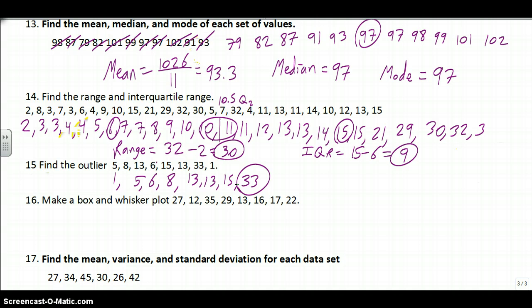The box and whisker plot on number 16 isn't so bad. I rearranged the data: 12, 13, 16, 17, 22, 27, 29, 35.